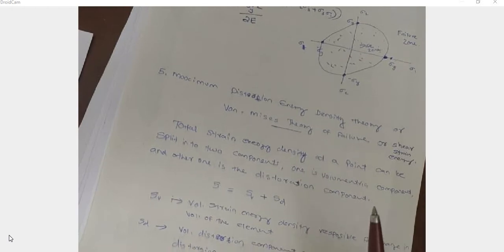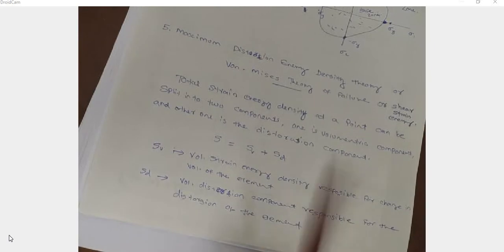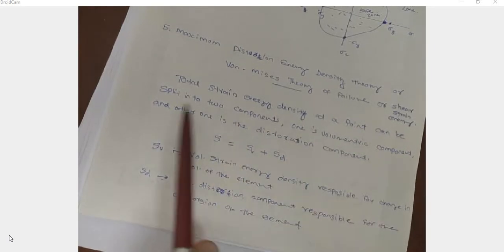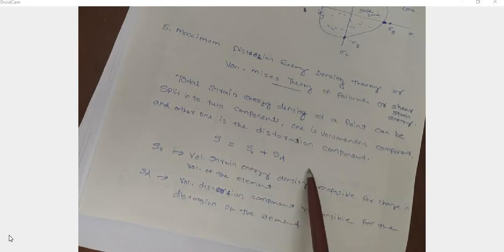And the last theory is the maximum distortion energy theory, distortion energy density theory, or von Mises theory for failure. Its another name is shear strain energy theory. I already explained, we have two components of strain energy. The total strain energy at a point can be split into two components: one is a volumetric component and the other is the distortion component.